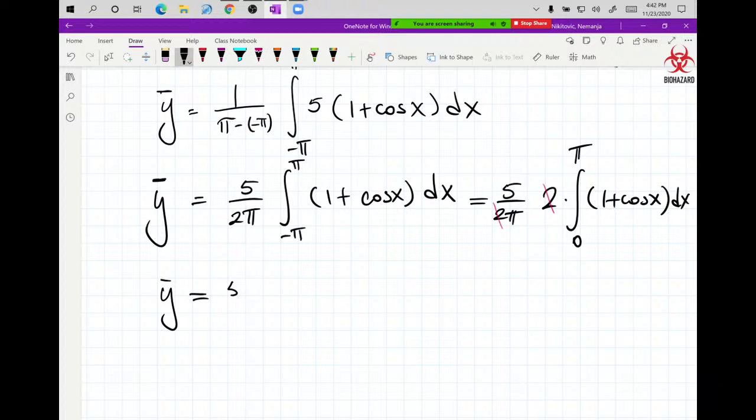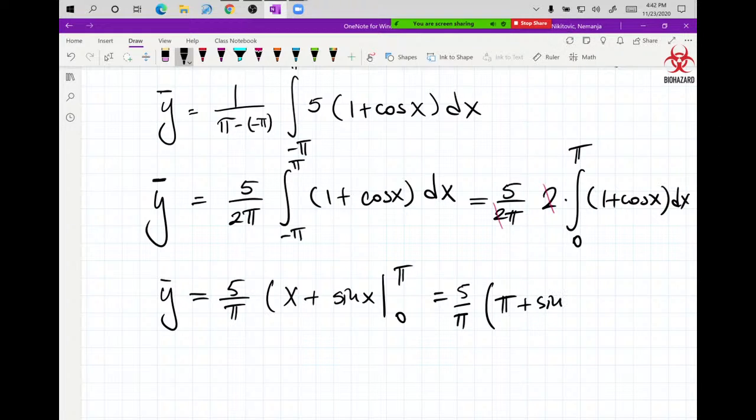So now we have our 5 over pi, and when I integrate there, I'm going to get x. The integral of cosine is positive sine, so plus sine x computed from 0 to pi. And when you plug in the values, you get 5 over pi times pi plus sine pi minus a big fat 0.